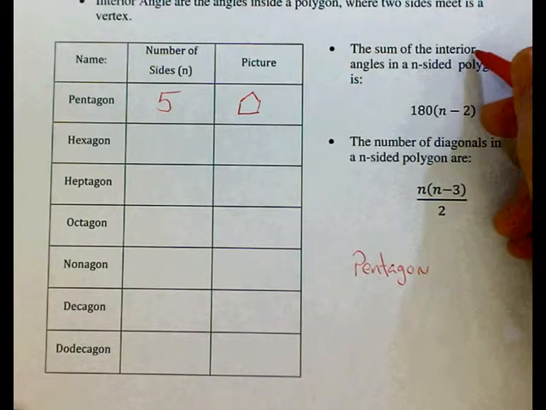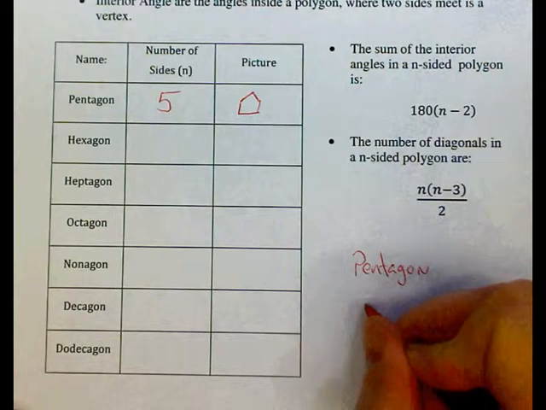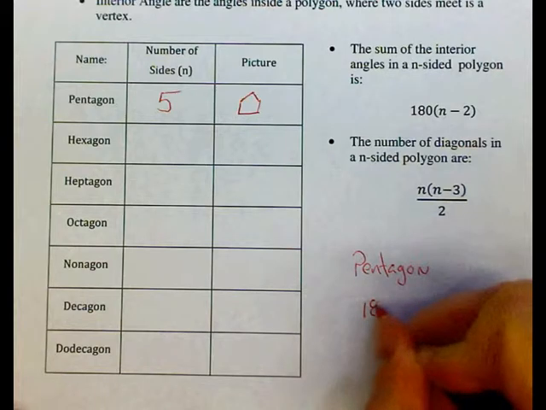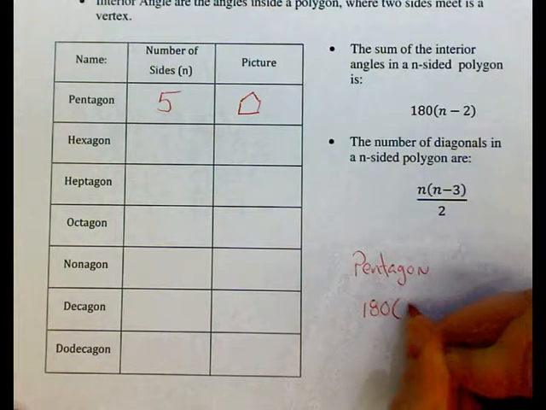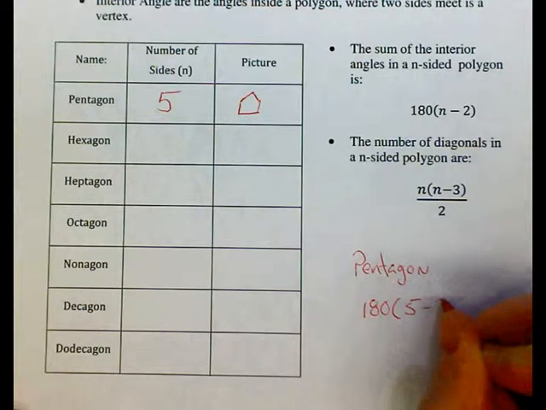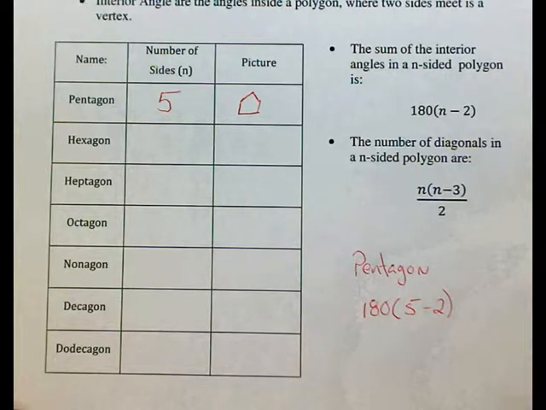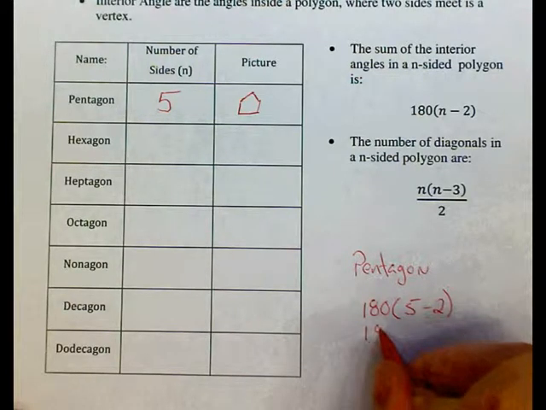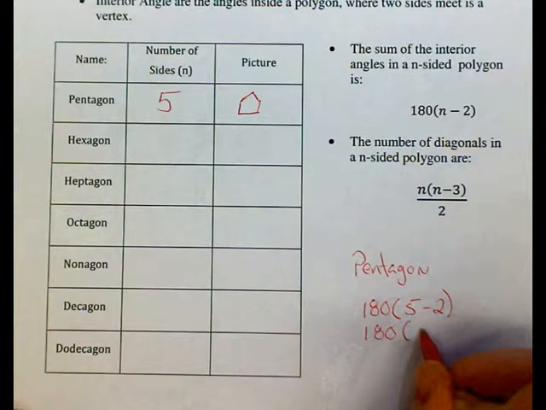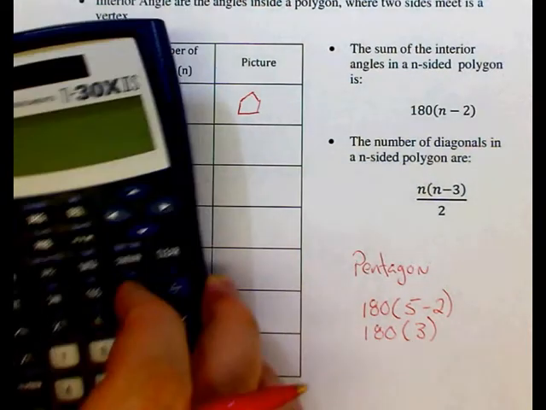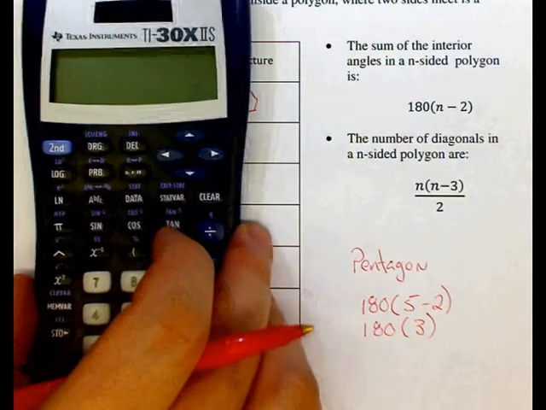So to get the sum of the interior angles, we would say 180 times 5 minus 2. Of course, that would be 180 times 3. And let's pull out our calculator just for good measure here.